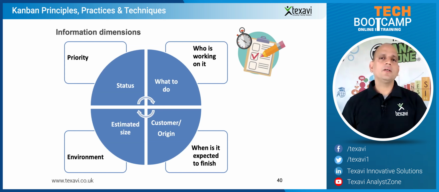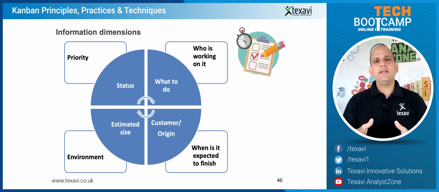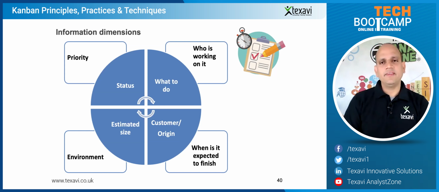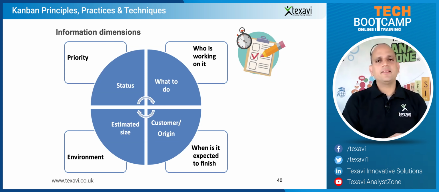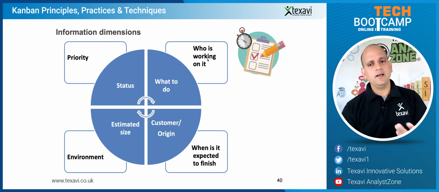Rather, it is about understanding whether they have got the right skill set and the resources to complete that task. So when you assign a task, you'll see whether they've got the experience, the expertise, the right tools and technologies, the account, the access, everything, right? And then you give this, so it's easy for them to finish quicker than somebody who doesn't have all of those. So that's the reason why you're trying to understand who is working on it.